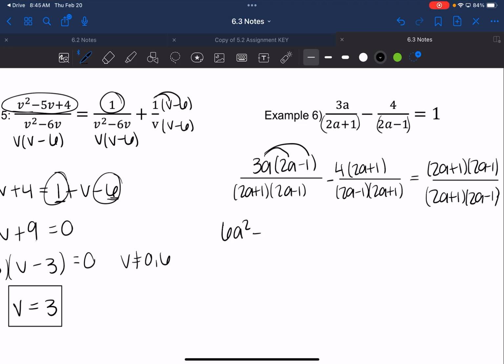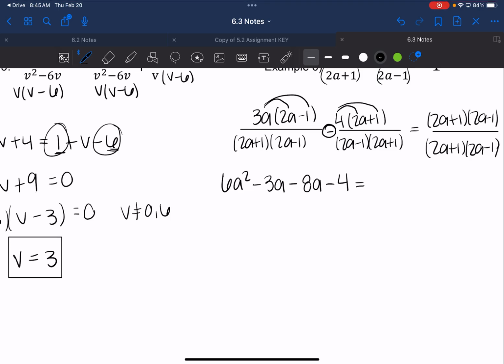All right, 6a squared minus 3a, okay? Then here I am distributing a 4, but remember guys, that is a negative 4 there, right? So that would end up being negative 8a minus 4, right?